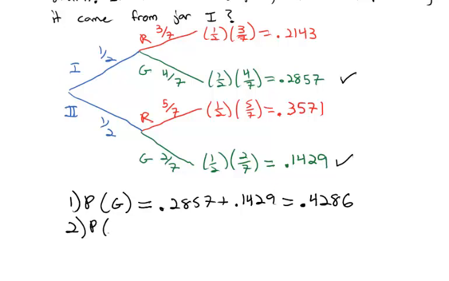We could also calculate the probability that it is a green and it came from jar 1. That's right on our probability tree here, 0.2857.